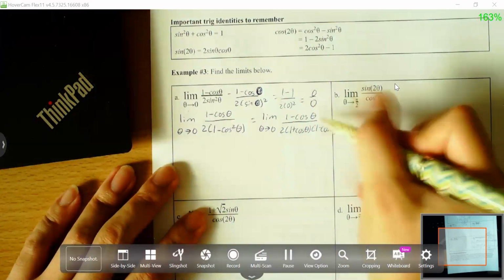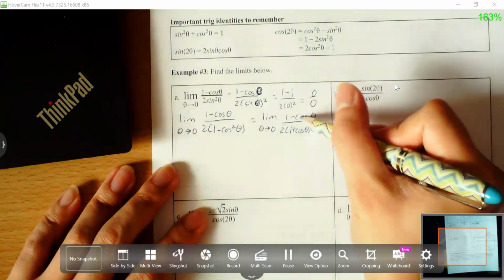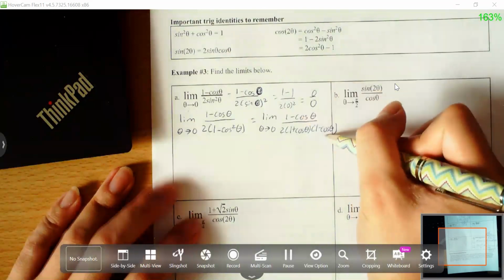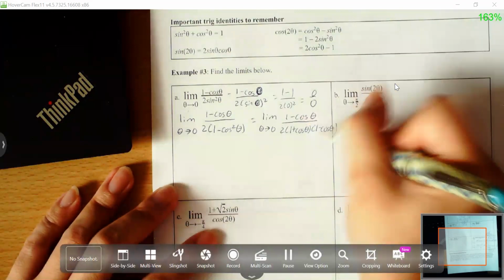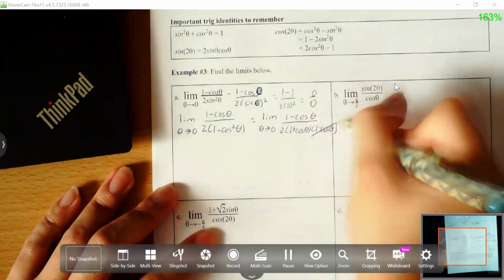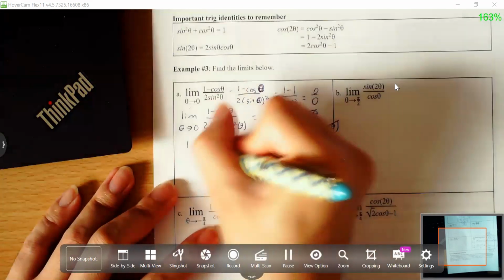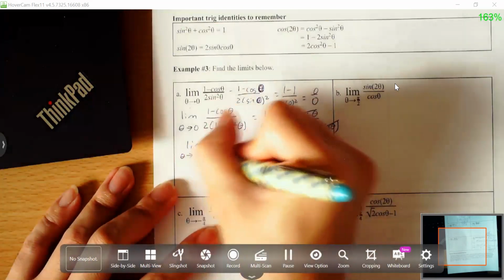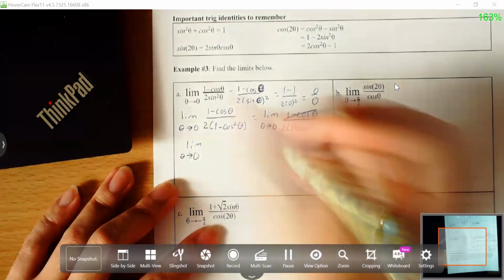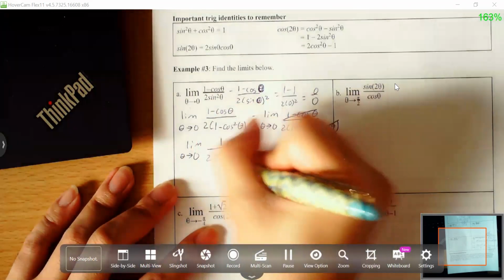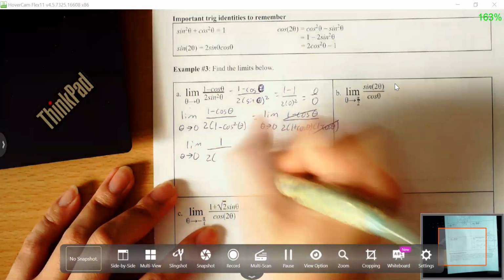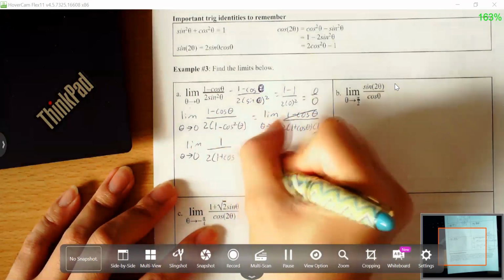Okay, so here I could cancel the 1 minus cosine theta and the 1 minus cosine theta. They're the same thing. I don't need to put some kind of -1 or anything. So I could cancel these, and I'll have the limit as theta approaches 0 of 1 over 2 times 1 plus cosine theta.